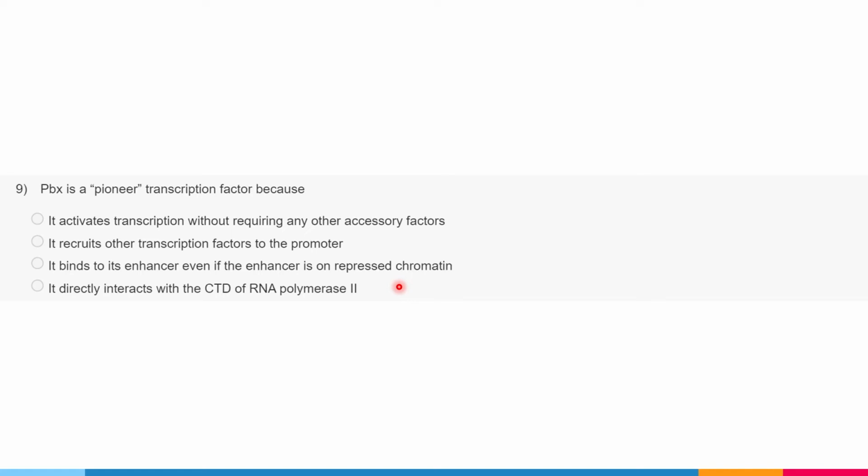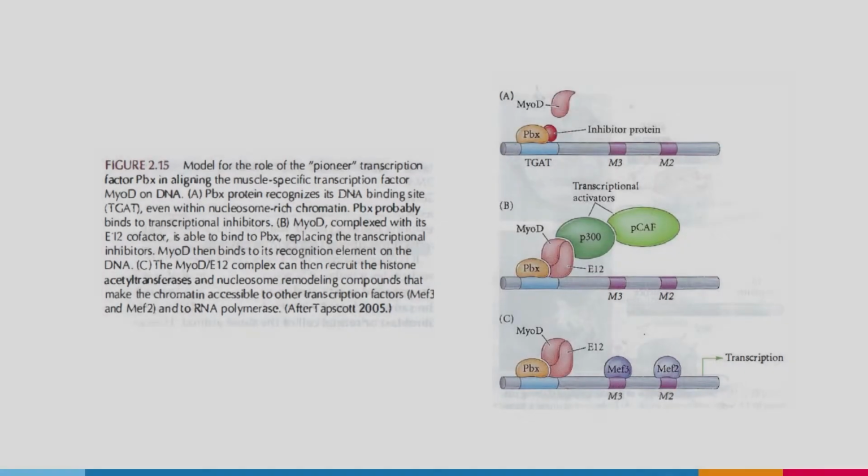Advait says B, it recruits other transcription factors to the promoter. Kavya says D, it directly interacts with the C-terminal domain of RNA pol 2. Anyone else? Okay. So first thing you have to know is what exactly a pioneer transcription factor is.